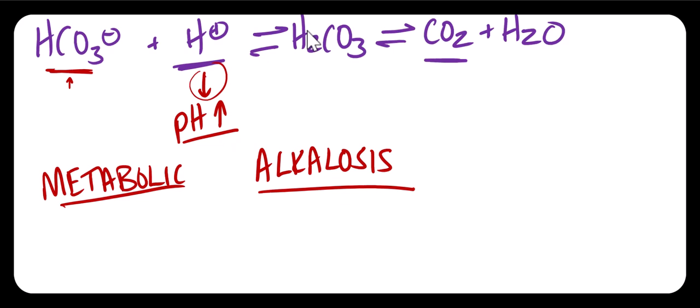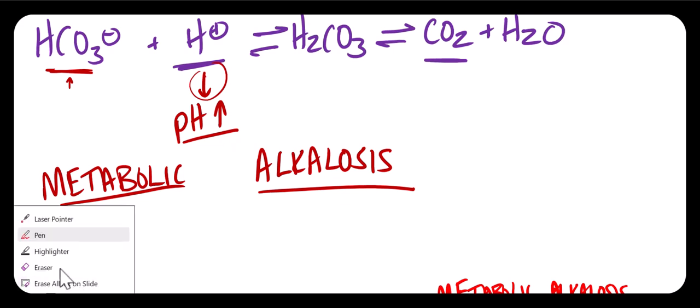We also have metabolic alkalosis. So let's do exactly the same thing. And I know you can guess where this is going. But I want you to have the concept of this into out of good and bad equilibrium idea.